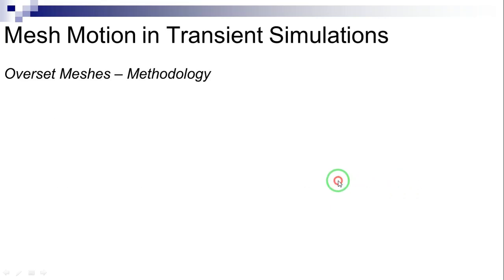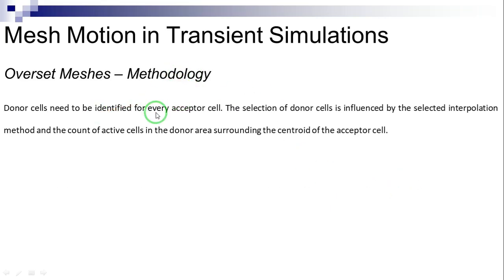Methodology. Donor cells need to be identified for every acceptor cell. The selection of donor cells is influenced by the selected interpolation method and the count of active cells in the donor area surrounding the centroid of the acceptor cell.